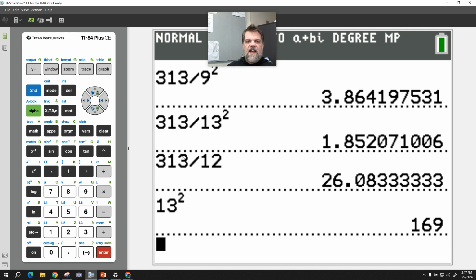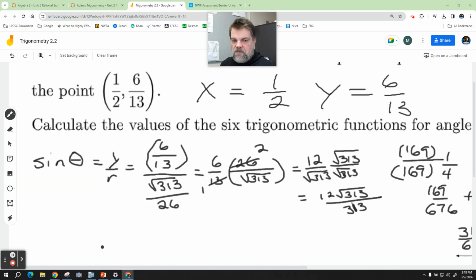Once you reach the halfway mark, you're not going to find something that goes into 313. You're past the halfway mark. All the factors are way past it. So I figured maybe you just can't reduce that square root. But I went through the process of dividing it by all the squares, and when you reach the halfway mark, no, you can't simplify it. Okay. So now that I know that, the rest of these are pretty easy.